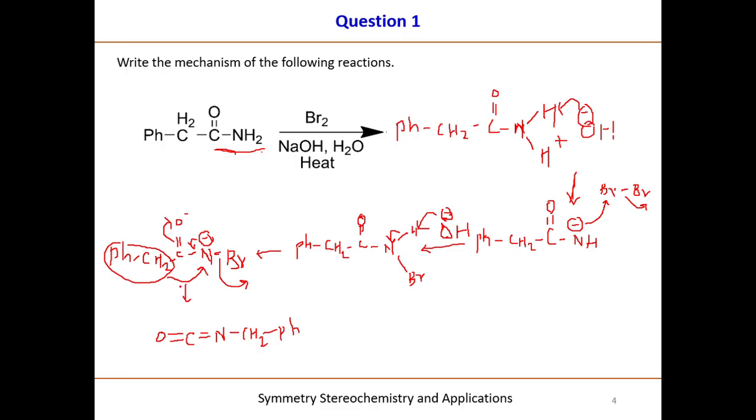Then this will migrate over here and it will be eliminated. Then again this negative charge will push here and we will get this as an intermediate product. This is isocyanate. This intermediate is known as isocyanate. Okay.